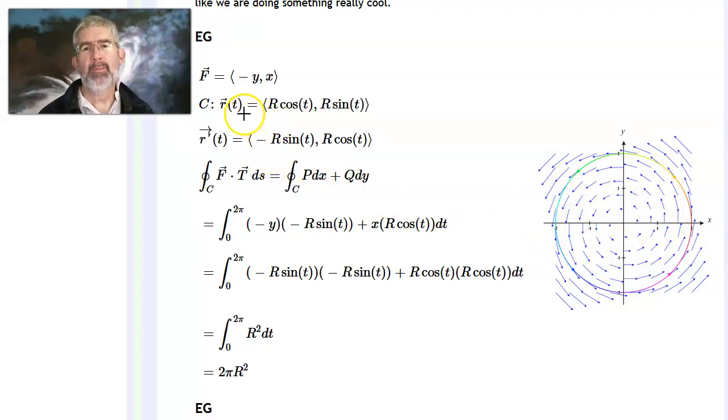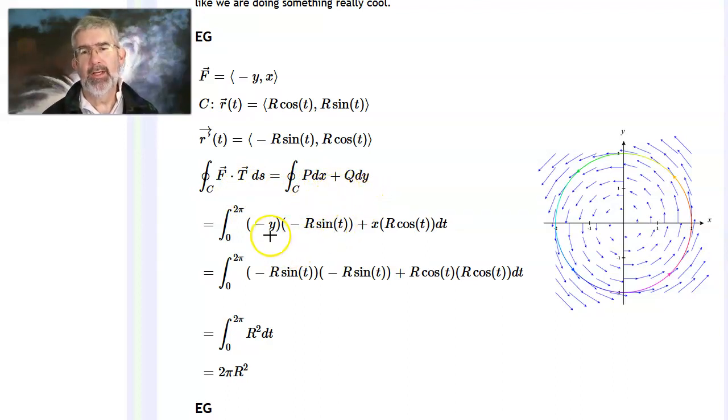So with my parameterization being capital R cos t, capital R sine t, then the r prime, the derivative here, would be minus r sine t comma r cos t. The circulation integral is the line integral of a vector function along a curve, which can be written like that, or it can be written as the integral of p dx plus q dy.